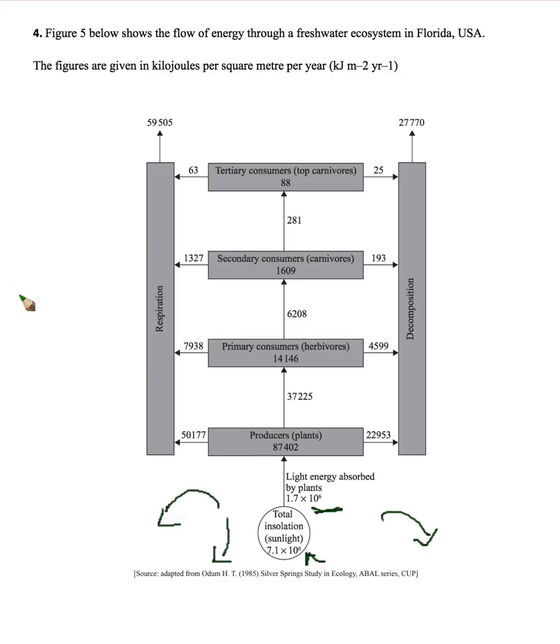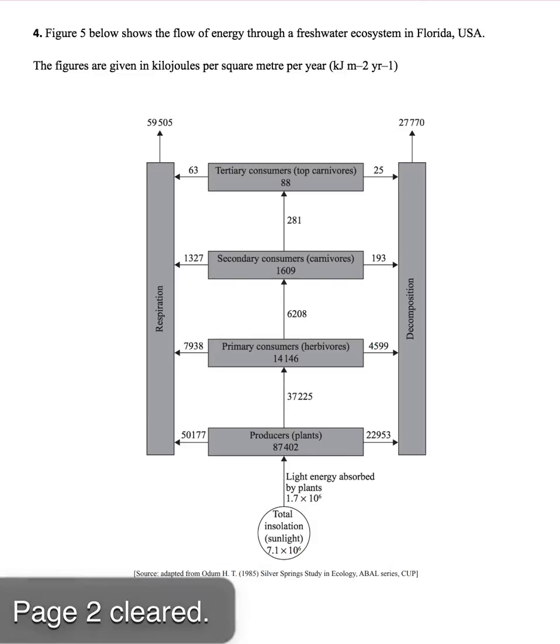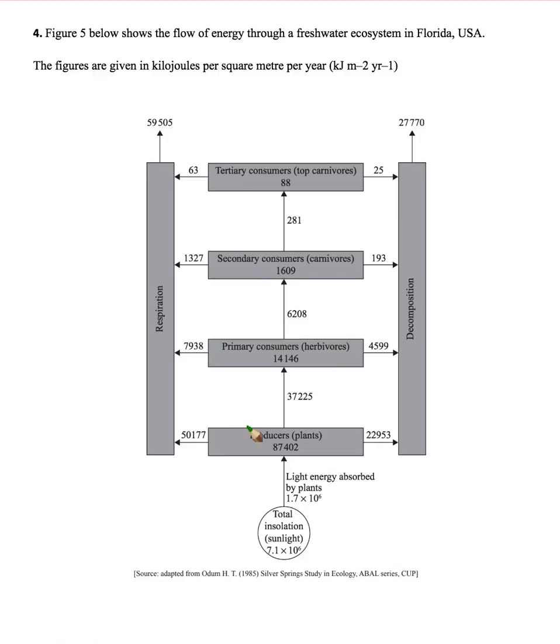So now, without getting too caught up in it, let's scroll on down. Actually, I'm going to write these numbers to take them with us before we go. So we've got this amount here, 1.7 times 10 to the 6.